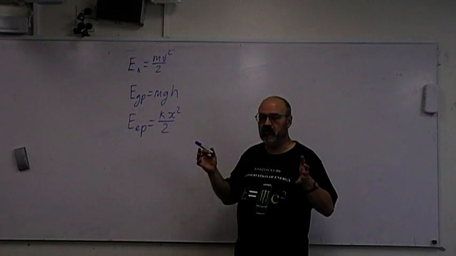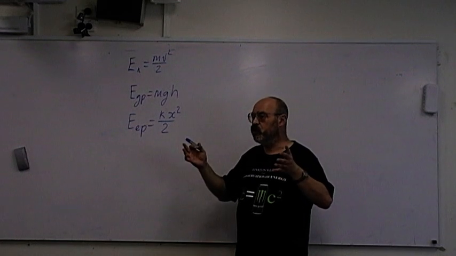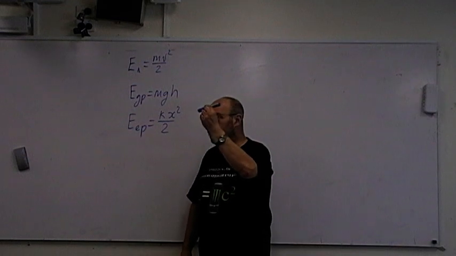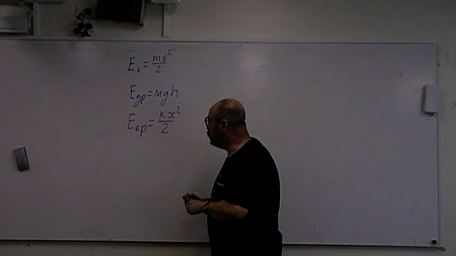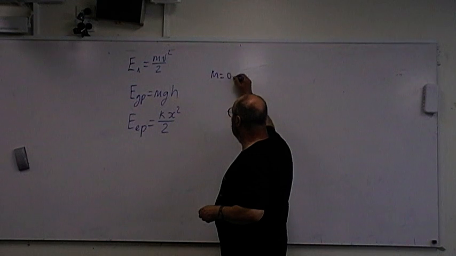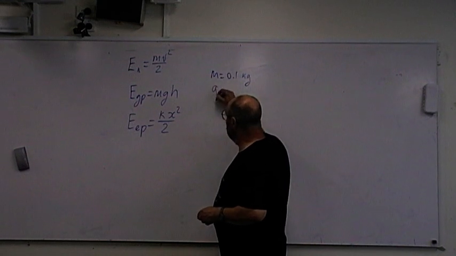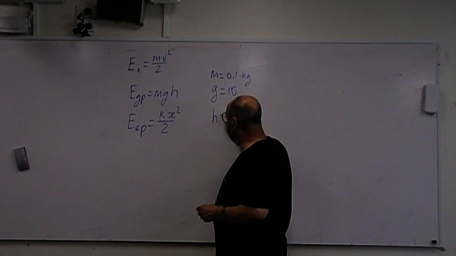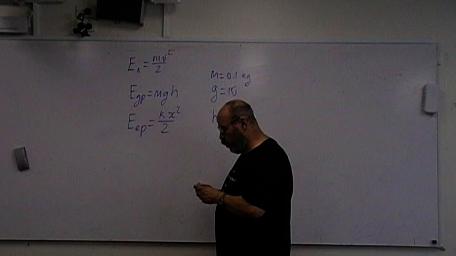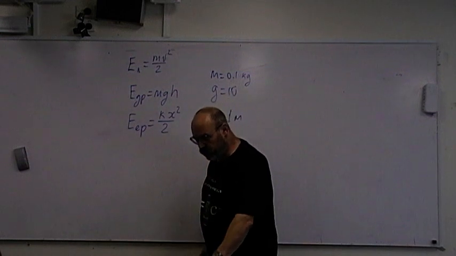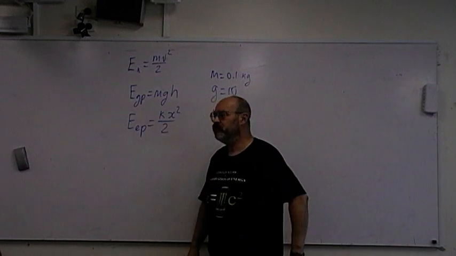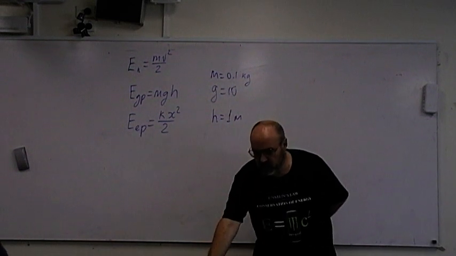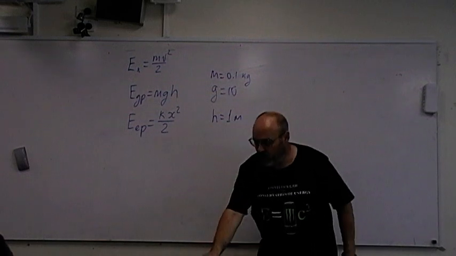Let's take g as 10 to make it more simple, and the height of the table is 1 meter. What is the gravitational potential energy of this thing on the table?